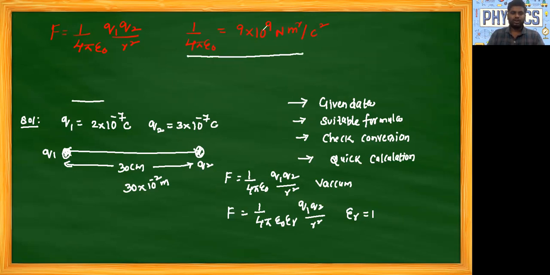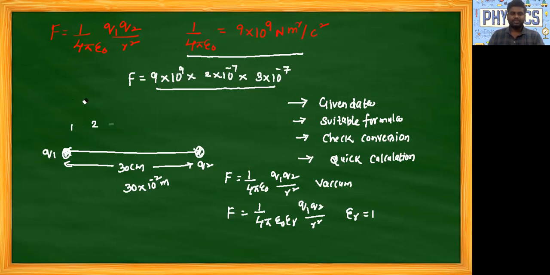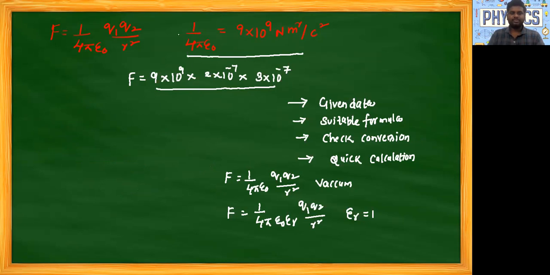Now we'll substitute all values in our formula. F is equal to 9 into 10 to the power of 9 into Q1, 2 into 10 to the power of minus 7, into Q2, 3 into 10 to the power of minus 7, divided by the distance, 30 centimeter, that is 30 into 10 to the power of minus 2 into 30 into 10 to the power of minus 2.